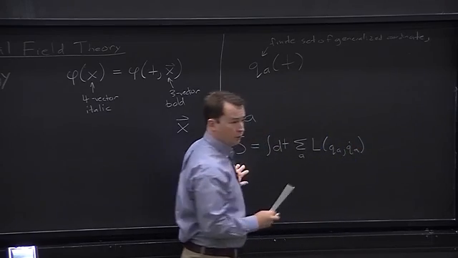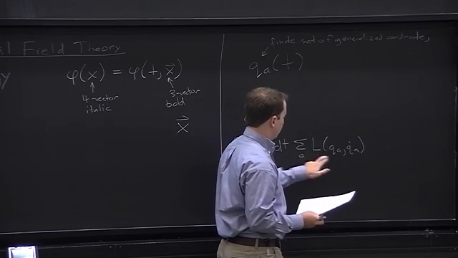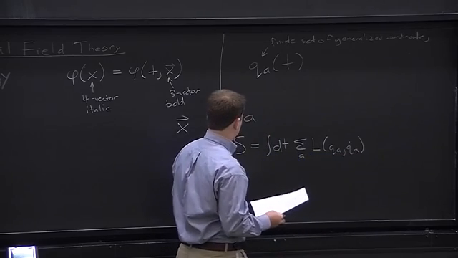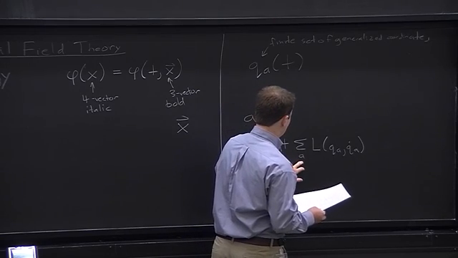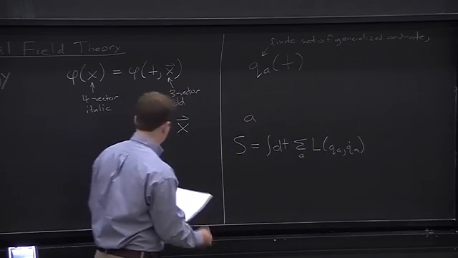This is not the most general thing we could write, but we're often interested in Lagrangians that just depend on the coordinates and their first derivatives. And the action could depend on all of them, all the coordinates.